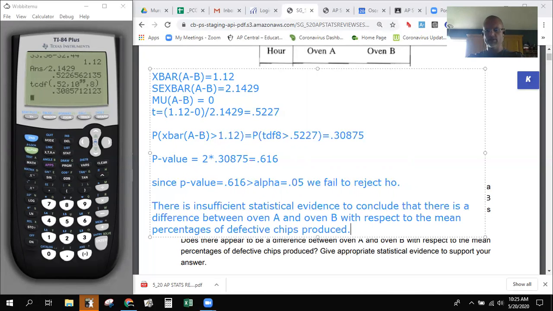Right, and then give, so we did that. Okay, so that's the first one.